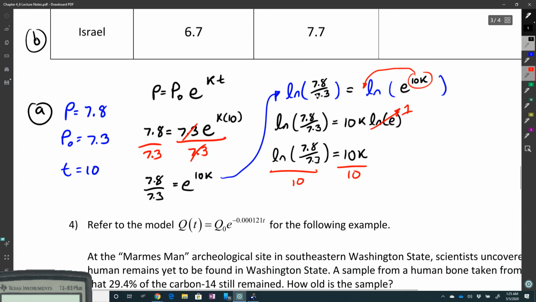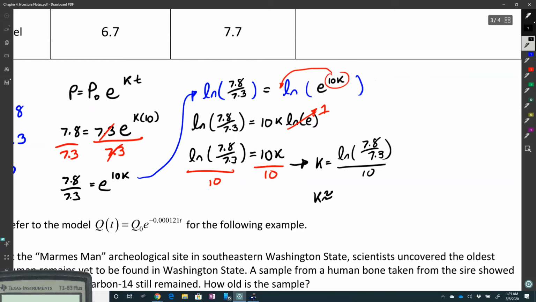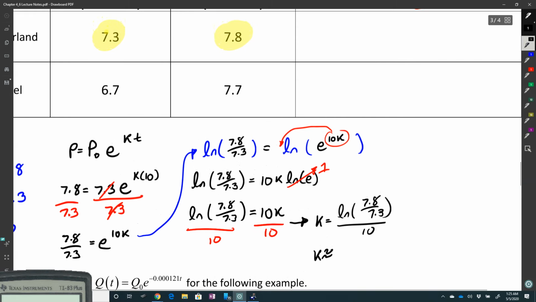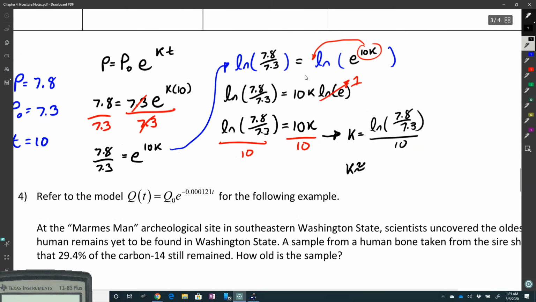All right, so k is equal to, I was trying to fit it in that line. All right, and so k is about equal to, on the exam, I think they want you to write it exact. On the homework, you have to be careful.